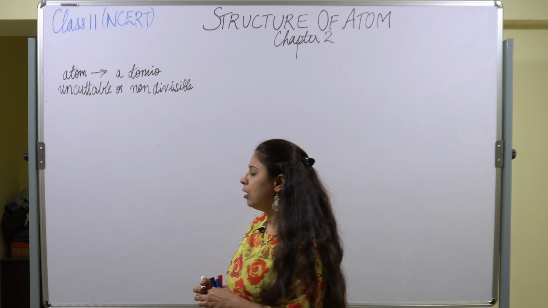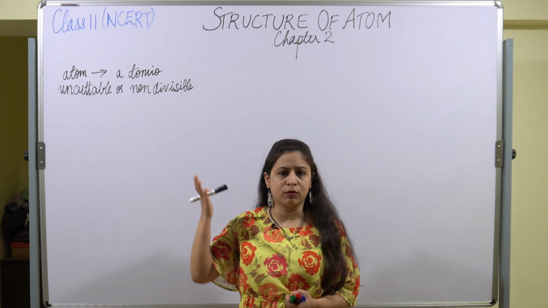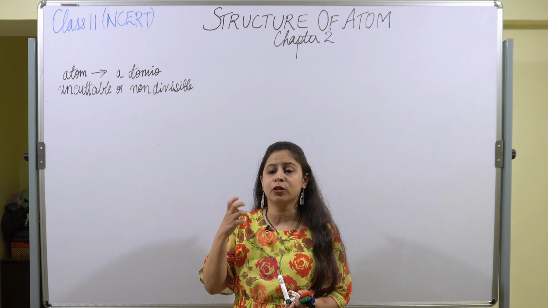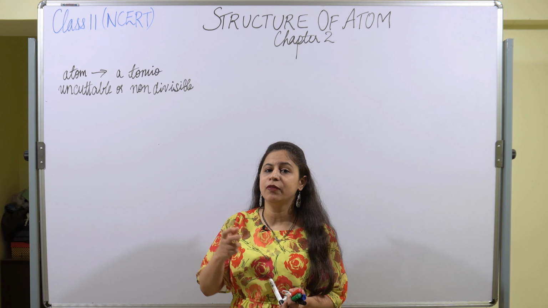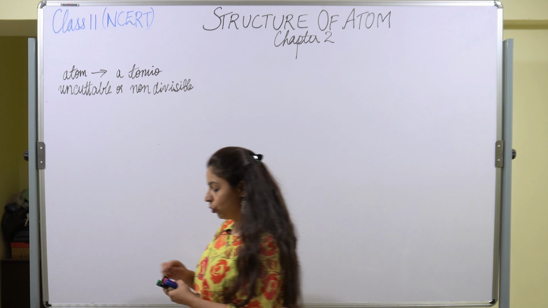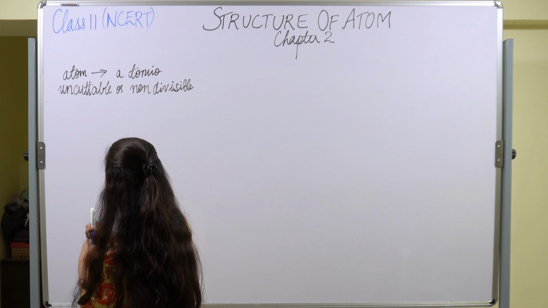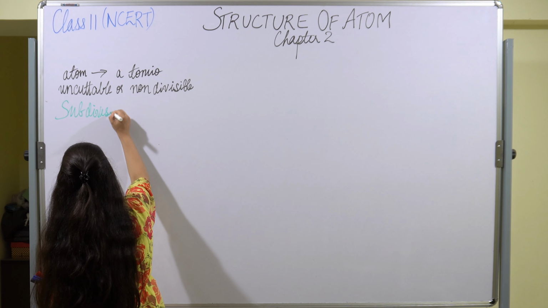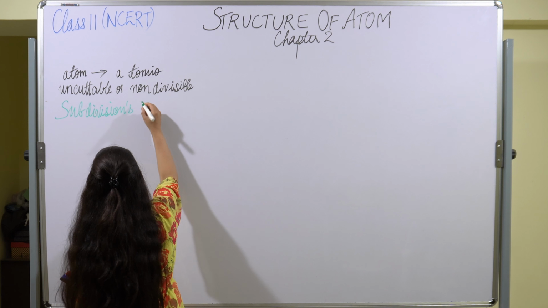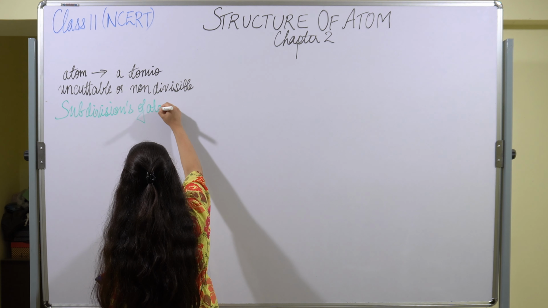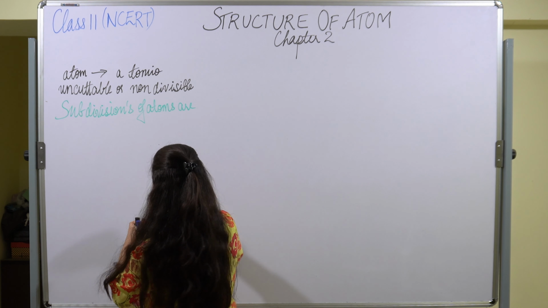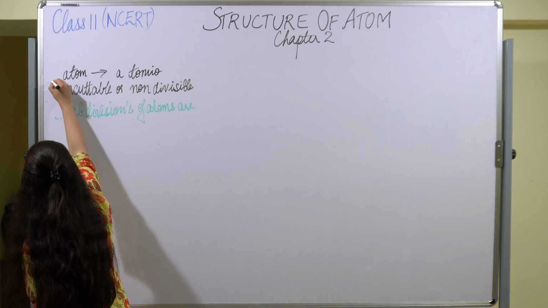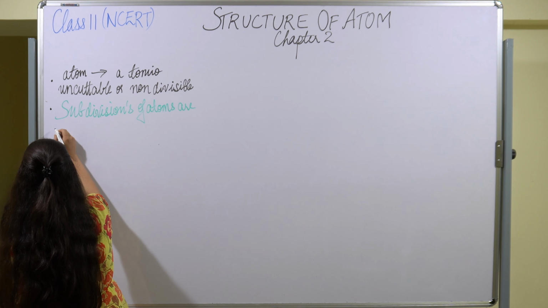So many discoveries were going on with the atom: how the atom came, what the particles of the atom are, what the subdivisions of the atom are. As we already know, there are three subdivisions of the atom.